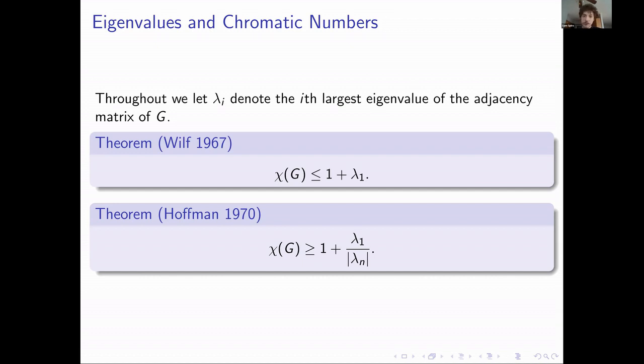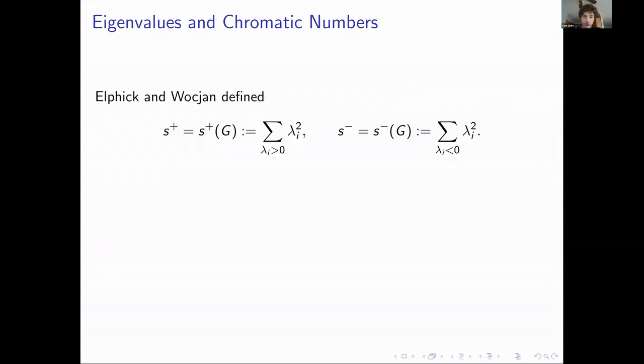But there exist some others, and one I want to highlight involves two quantities called S plus and S minus. So S plus of some graph G will denote the sum of the squares of all the positive eigenvalues of your graph. And similarly, S minus of G will denote the sum of the squares of all the negative eigenvalues of your graph.